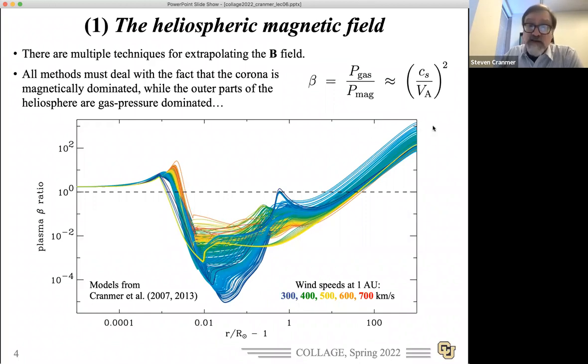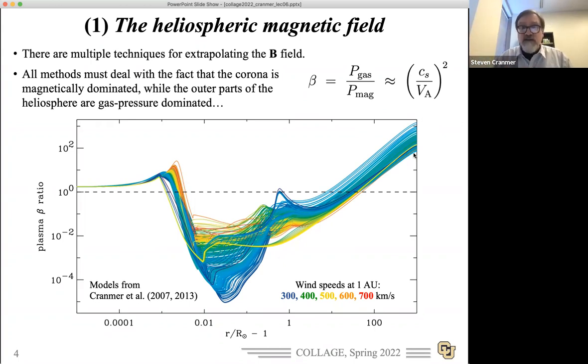When it's a high beta, the gas pressure, the gas tells the magnetic field what to do. When the beta is small, the magnetic field tells the gas what to do, right? When you're down here in the corona, you can think of the magnetic field as sort of existing, and the plasma is sort of constrained to move along the magnetic field.